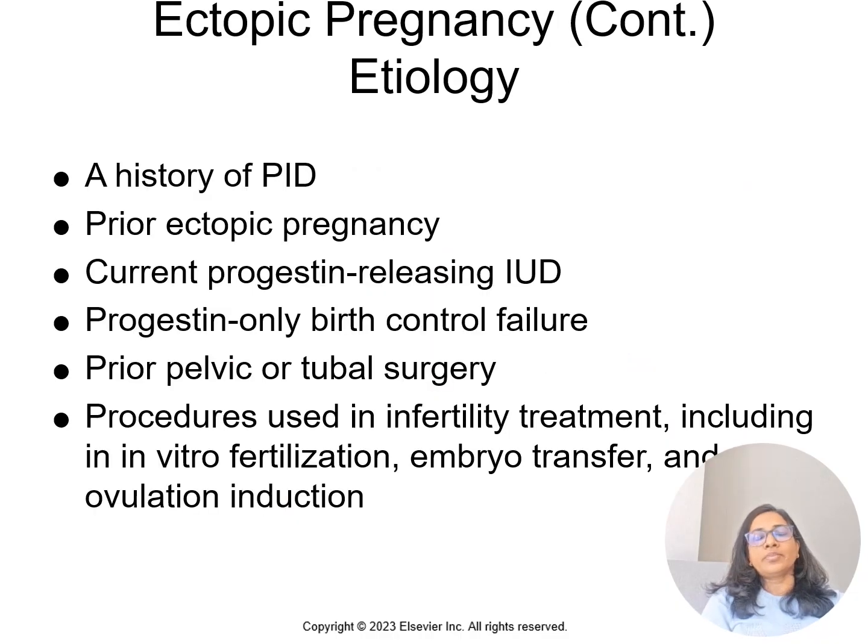Common causes include recurrent inflammatory disease or pelvic inflammatory disease, and prior ectopic pregnancies. If they already have an IUD and they get pregnant, the chances are it could be ectopic. Progestin-only birth control pill failure, all of this can lead to ectopic pregnancies.